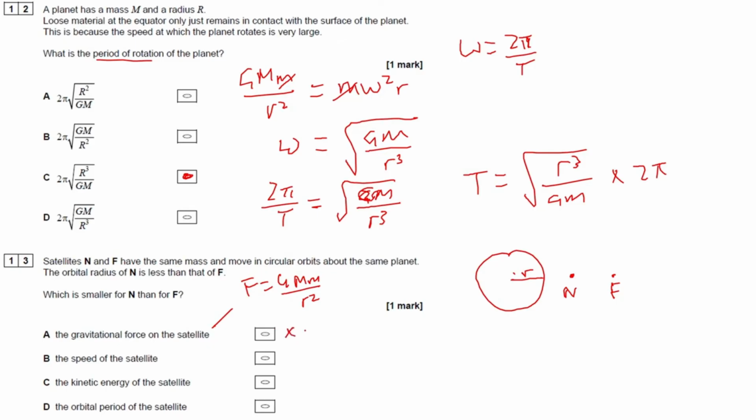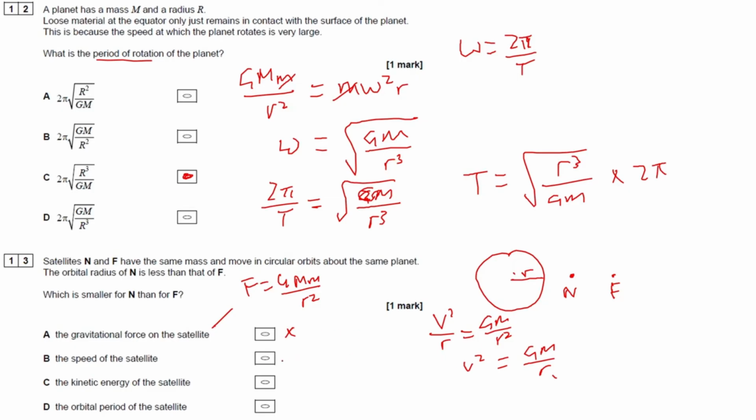For B, speed of the satellite. Now, the closer a satellite is to a planet, the faster it is. But if you wanted to prove that and show how that's true, you could equate centripetal acceleration with gravitational acceleration, GM over r squared. And when you rearrange this, you see v squared is equal to GM over r. So the smaller the orbital radius, the bigger the velocity.